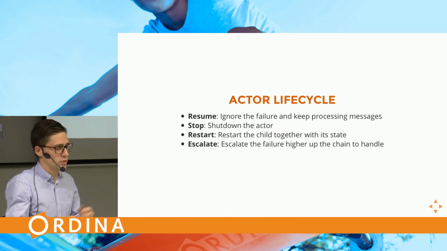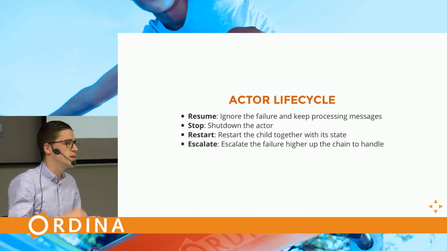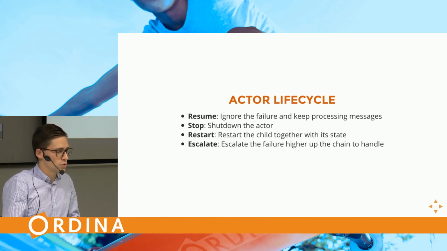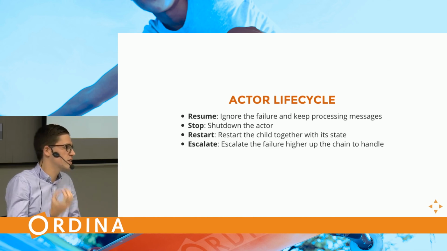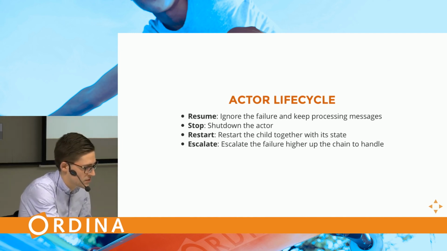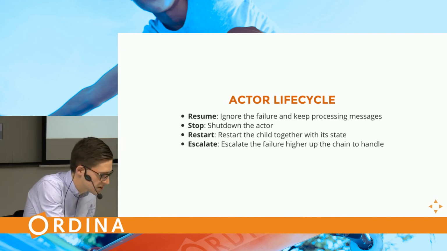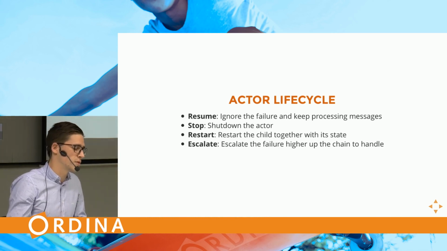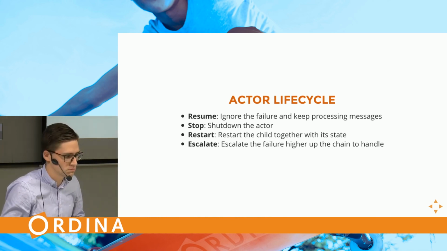You know that an actor is able to keep an inner state. It's possible to persist this state before shutting down the actor, and by doing so, you can recreate the actor and restore its state. So that's one of the options. And finally, you have the rather drastic escalate option right here, to simply throw the failure higher up the chain to handle.